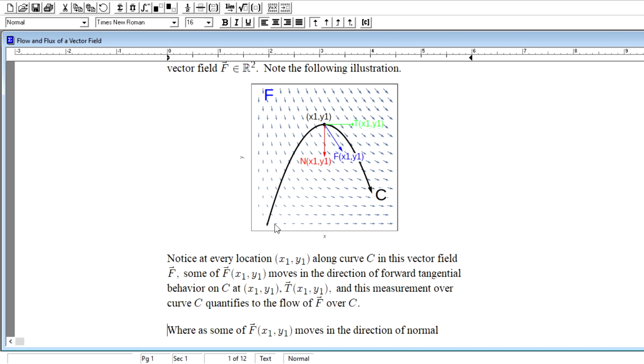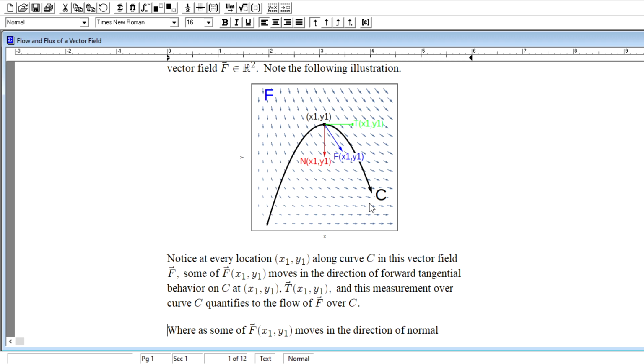So if I just start with this first bit of note, if we're at some location on this curve in this vector field, the vector field is going to be occurring at that particular location. And at that location, some of the field, which I have represented with this blue vector here, moves in the direction tangential to the curve, tangential to what we think of as being forward orientation along that curve.